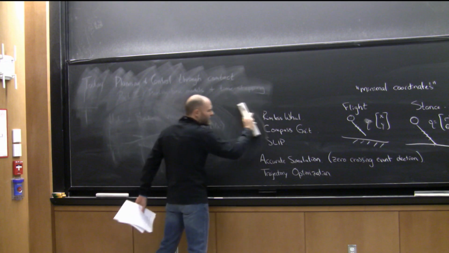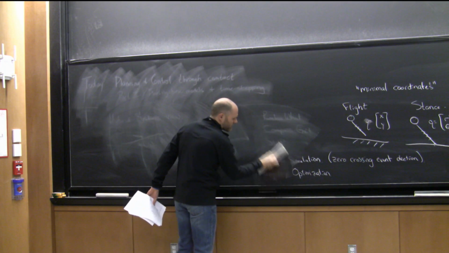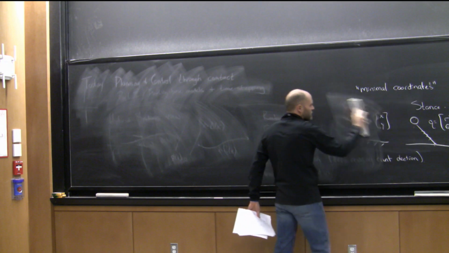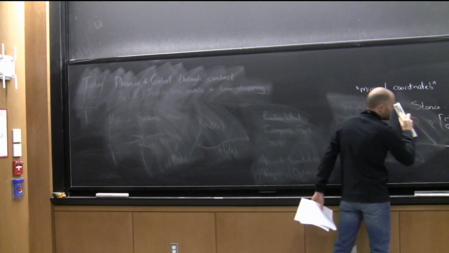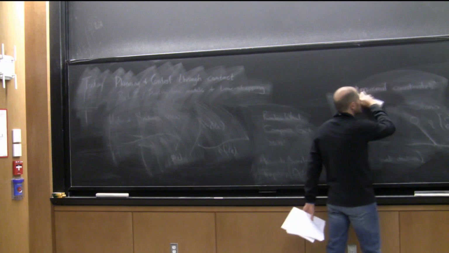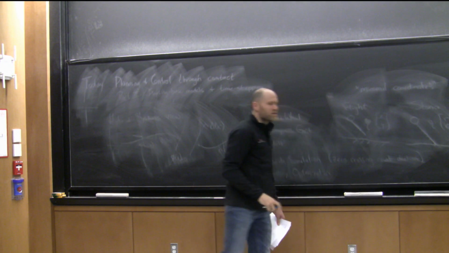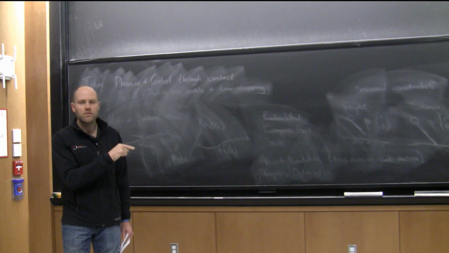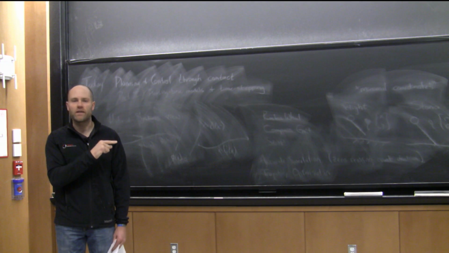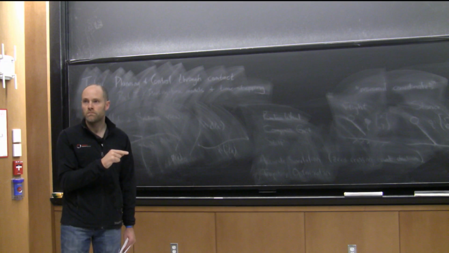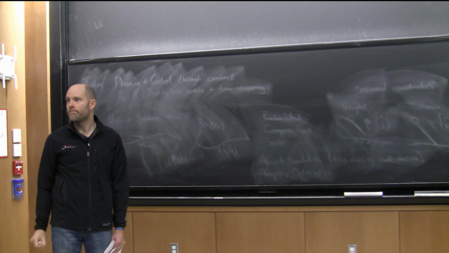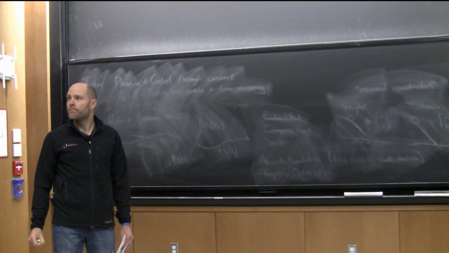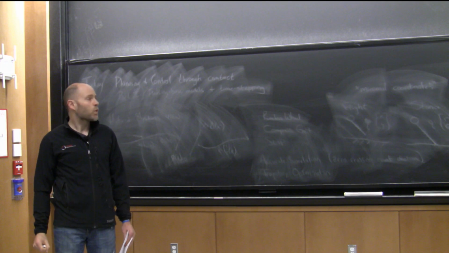Do you remember why? I used it quickly as a straw man before when I introduced the hybrid models. There's some obvious ones and there's some subtle ones. Why would that not be a great thing for optimization? Why is it trickier for optimization?